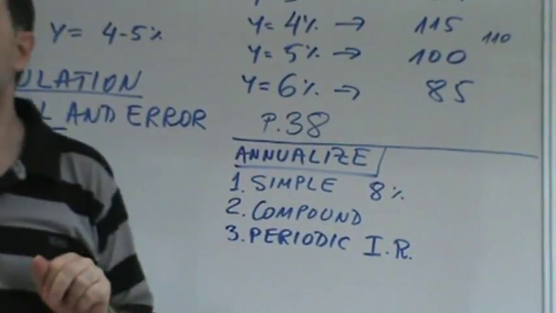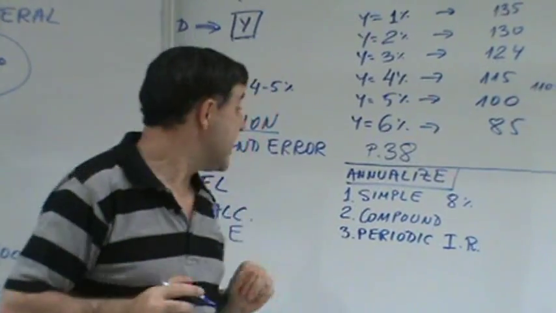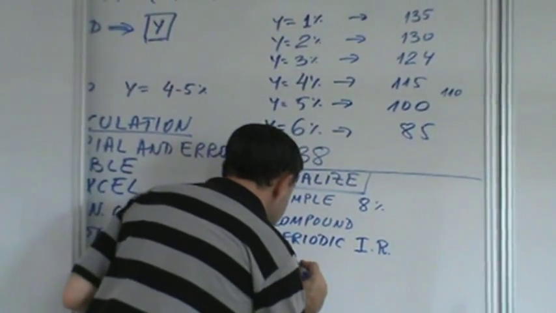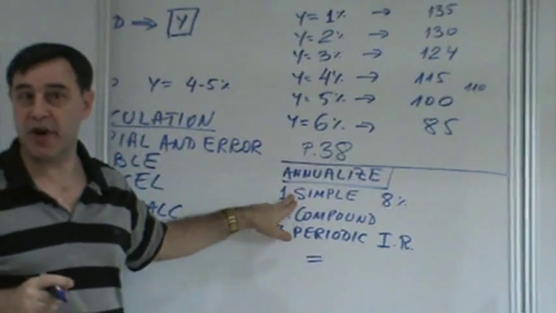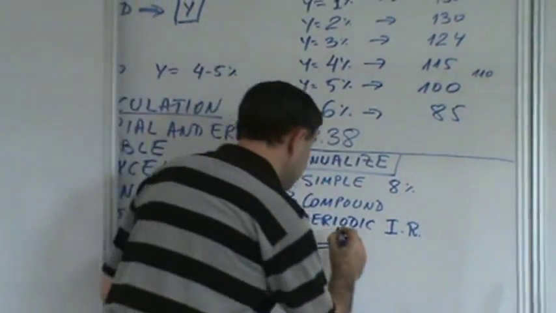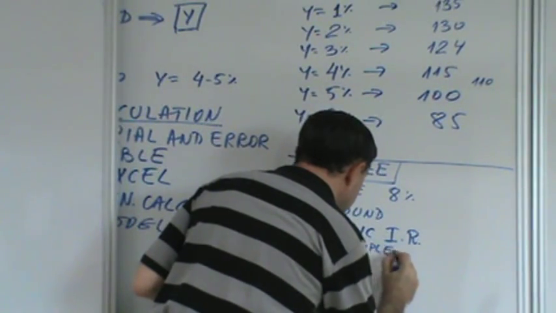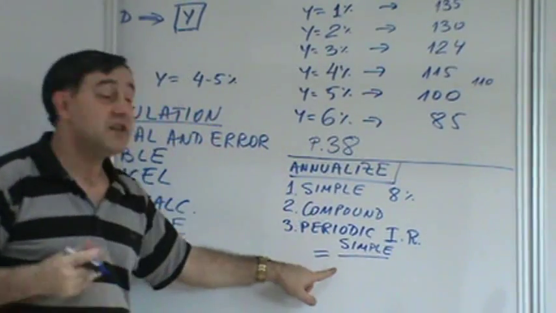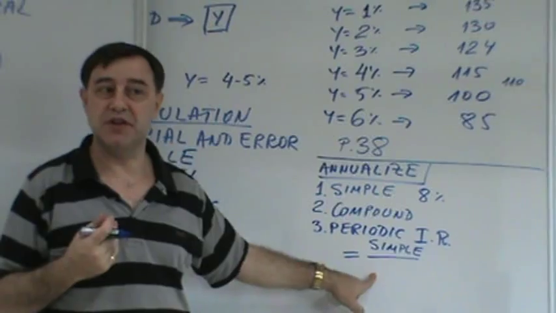And the periodic interest rate equals the simple interest rate divided by the number of periods.